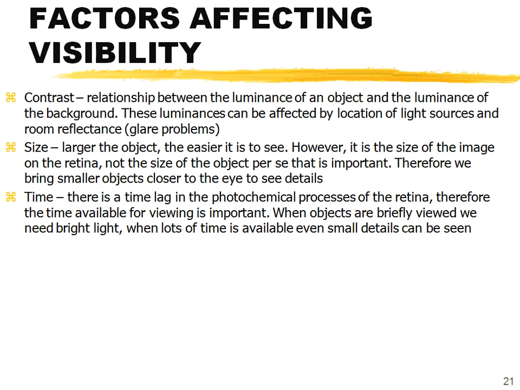Now for the perception process, there are several factors that play a role in how well we are able to see things. Contrast being the first one. Contrast is simply a relationship between the luminance of an object and the luminance of the background. So, how much variation there is in the basic luminance of things in your visual sight.